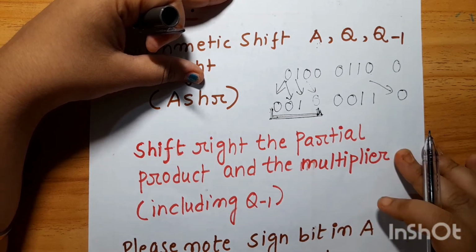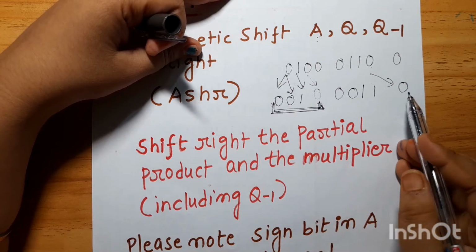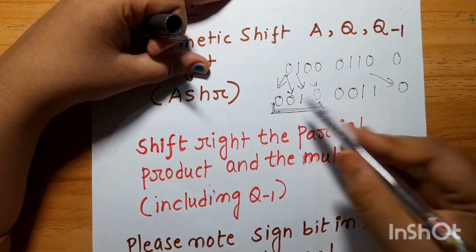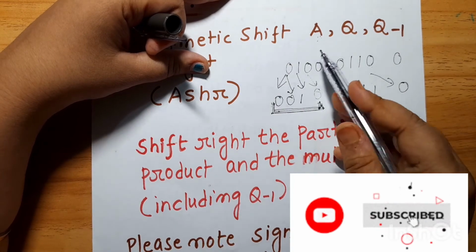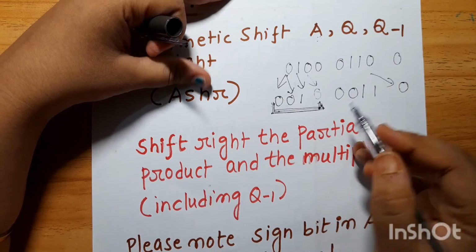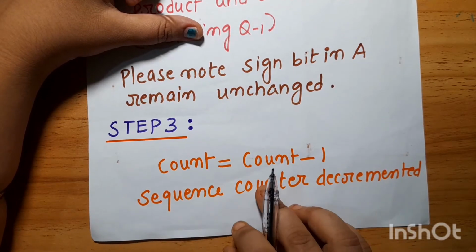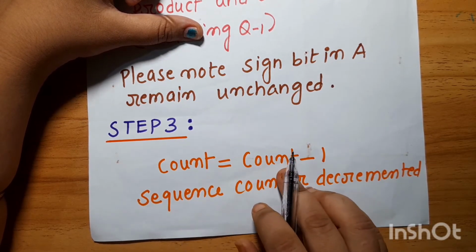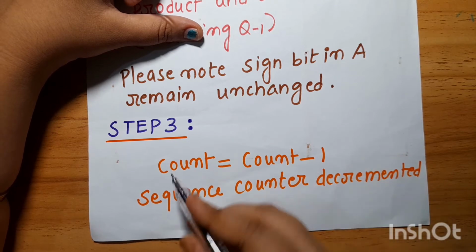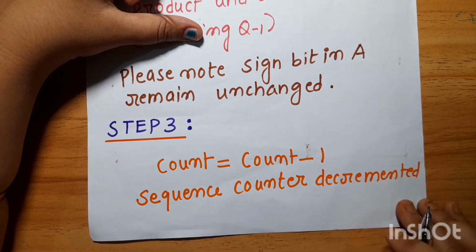When the right shift of the partial product and the multiplier value including q minus 1 is happening, please note during this right shift operation the MSB of the updated A would remain the same as the MSB of the older A. Now we will go through step 3. Here we are doing the decrementation of the count value. Already I have shown you in the flow chart how the decrementation is happening, where we are doing count equal to count minus 1.